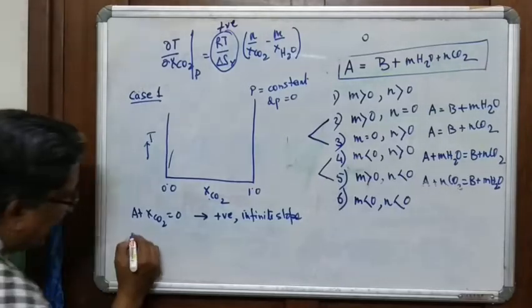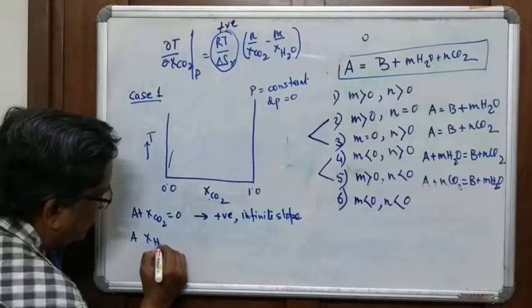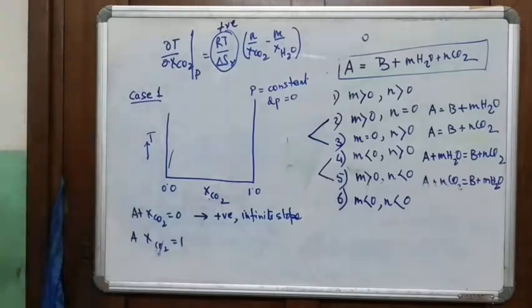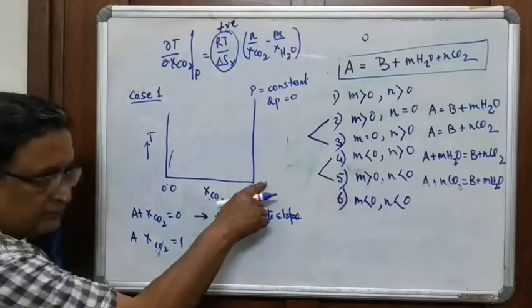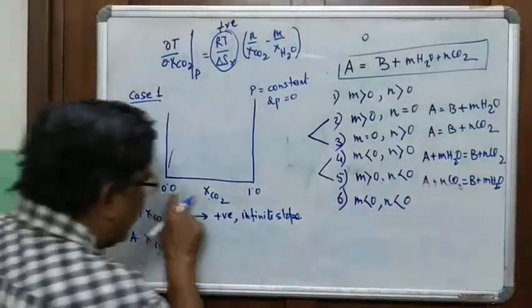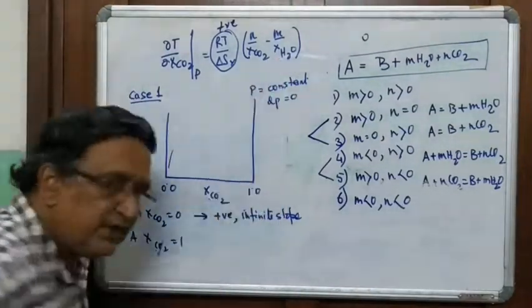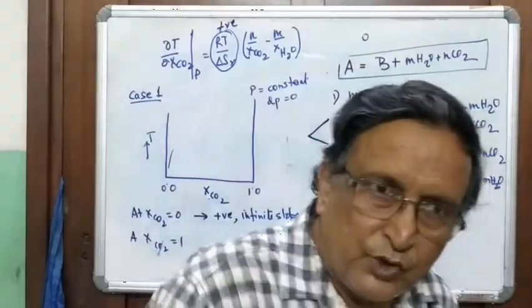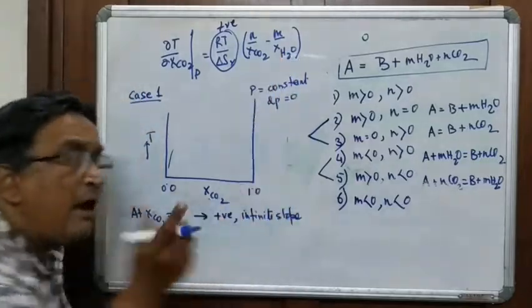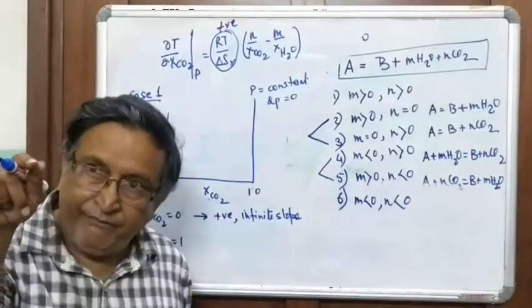Let's say what happens at XCO2 equal to 1. We are in this end. So what happens if XCO2 is 1, XH2 is 0? If XH2 is 0, this term is infinity, but negative infinity.